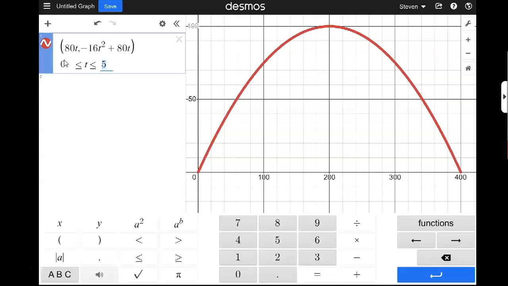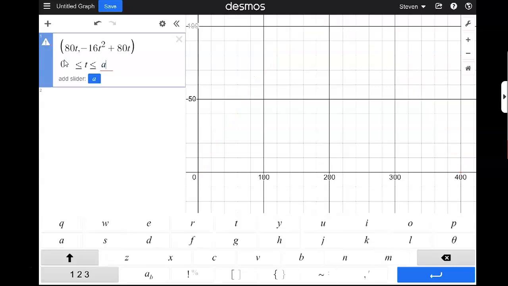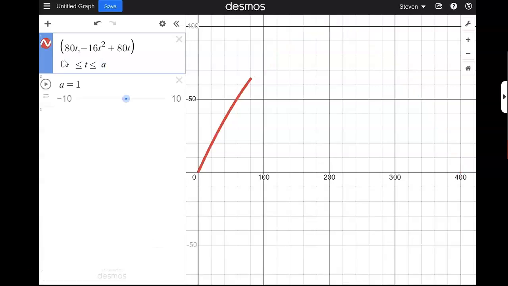So one other thing I think is worth doing here is I'm going to replace that 5 with the letter A, and add a slider for A. Because what I want you to notice is as the upper bound increases, it's going to affect my graph.